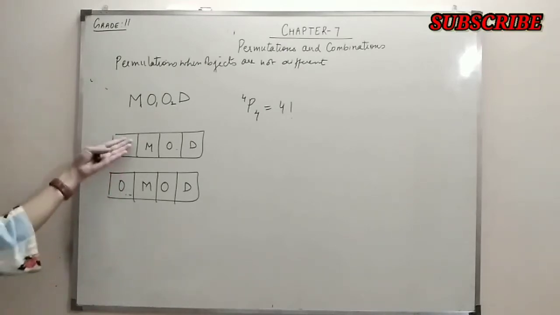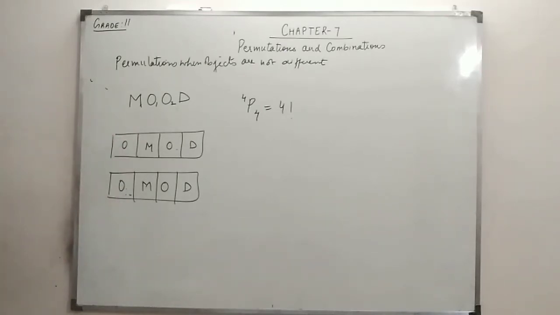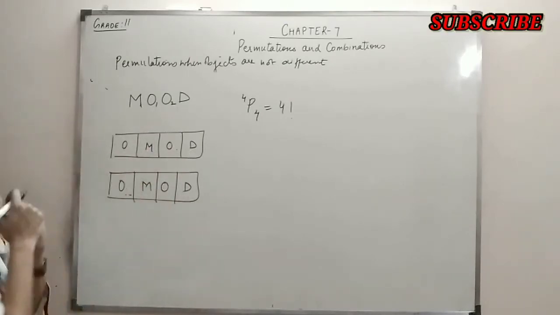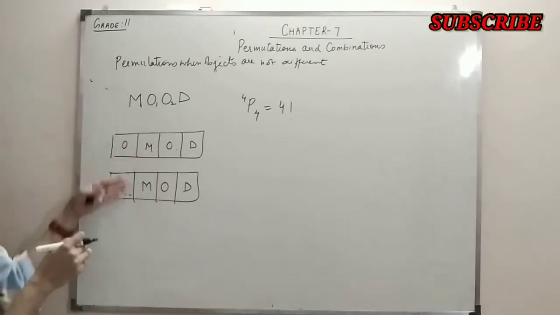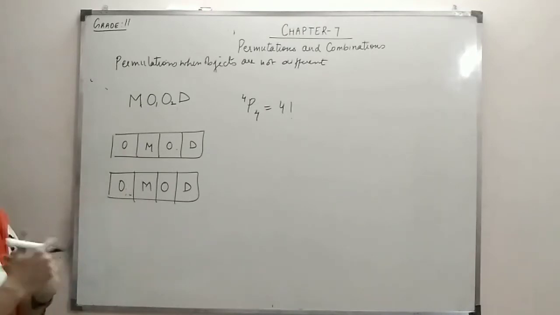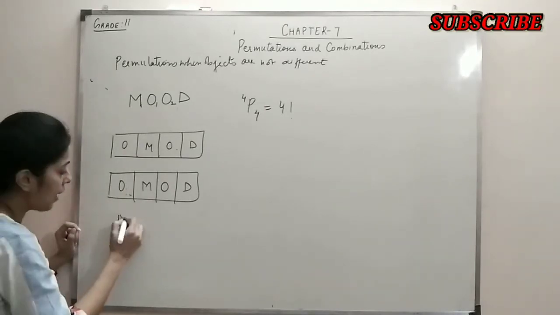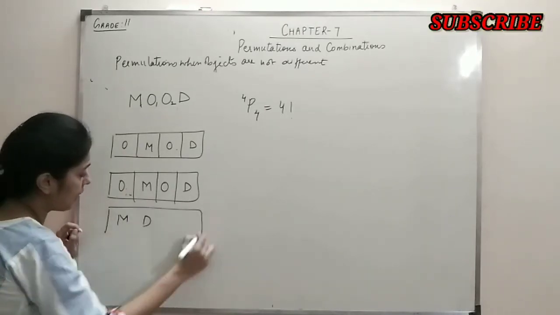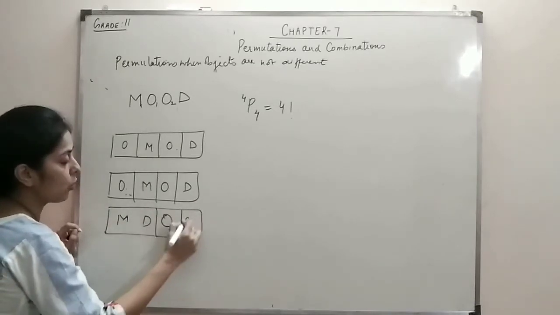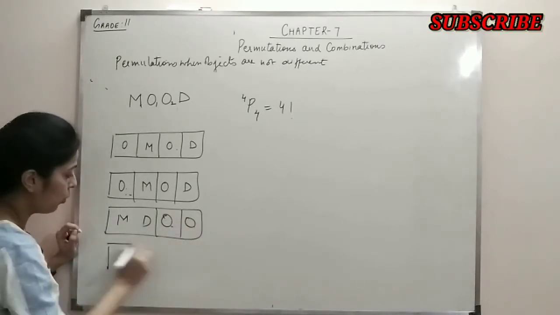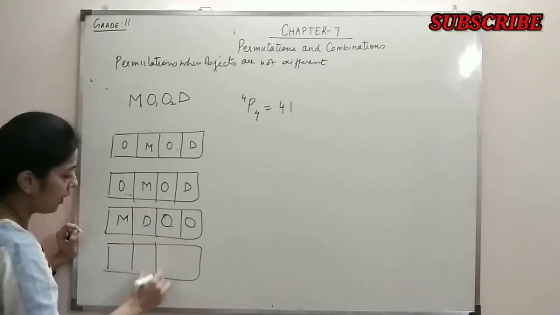Now you see, both are the same arrangement. If we have fixed M and D on the second and fourth place, we have the same arrangement. We have double counted. If I fix M and D at the first and second place, then again with O1 and O2, you can see we have again the same.